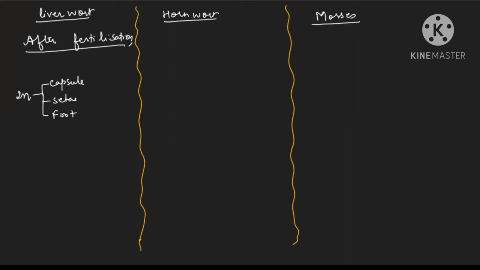Try to understand the diagram. This is the foot, seta, and capsule. Clear? I'm using this white color so you understand the body is diploid. Everything is diploid. Foot is diploid, seta is diploid, and capsule is diploid.